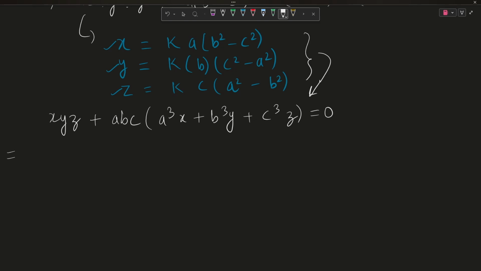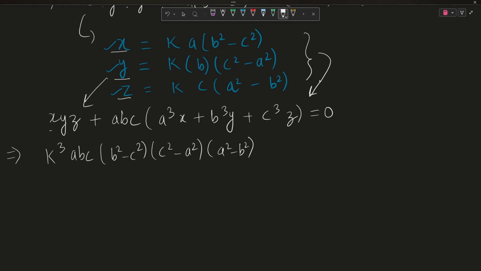So xyz becomes k cube into abc into b square minus c square, c square minus a square and a square minus b square. I have just substituted the values of x, y, and z in this part, right?